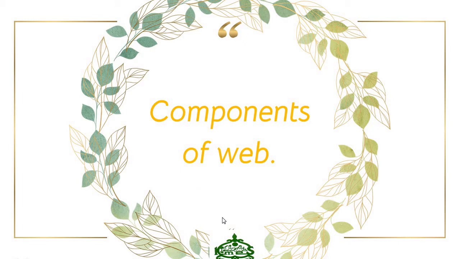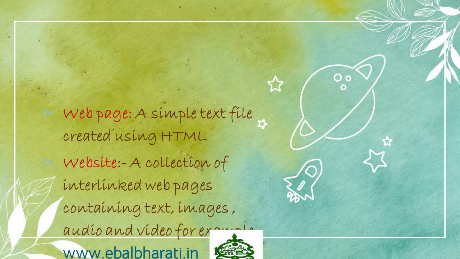Now there are some terms. We will study these components before going further to web designing languages. You must study the components of the web, the basic terminologies of the web. First, what is a web page? A simple text file created using HTML.